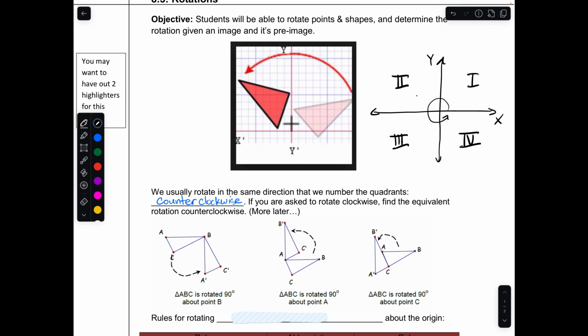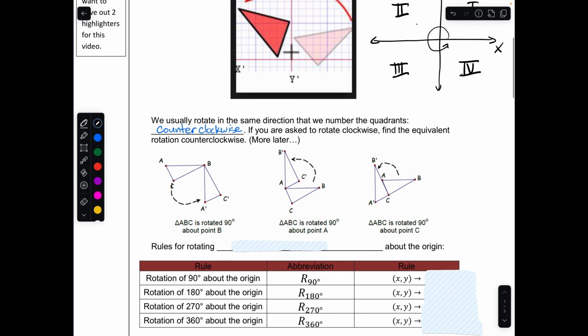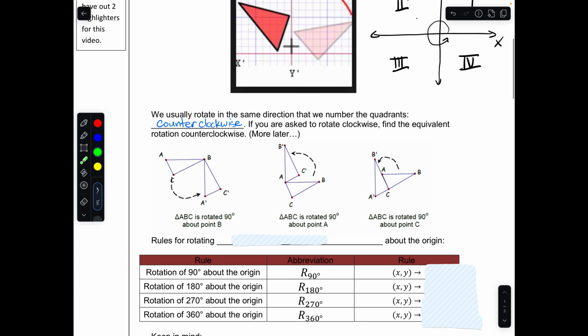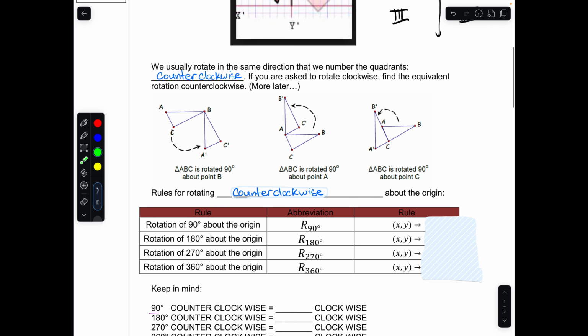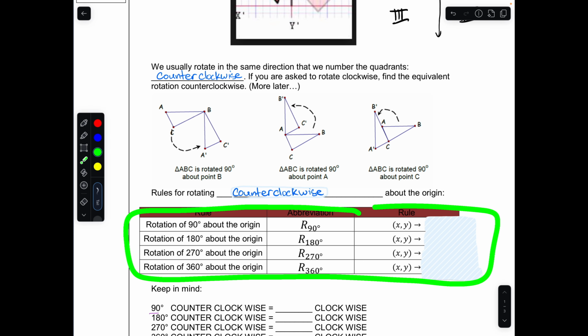There we go. Counterclockwise. So if you're asked to rotate clockwise, we'll find the equivalent counterclockwise rotation, and I'll show you the shortcuts for that in a little bit. So here are some rules for rotating counterclockwise about the origin. I'm hoping you already have an idea of these rules.